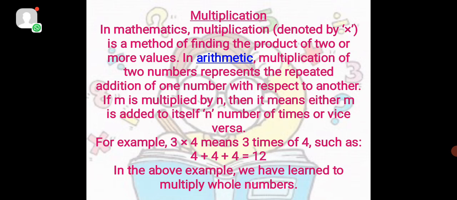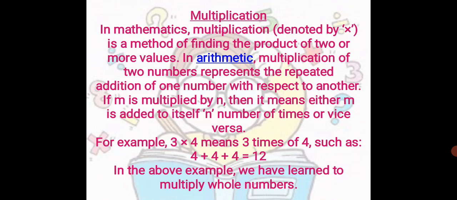It means either m is added to itself n number of times, or, another way I can say, n is added to itself m number of times. This is the reason why we can say multiplication is repeated addition.